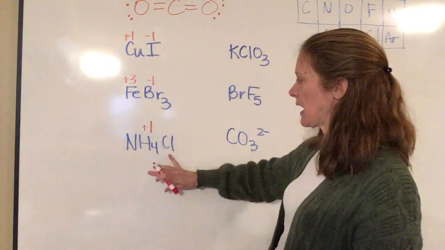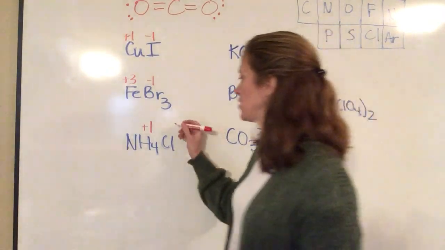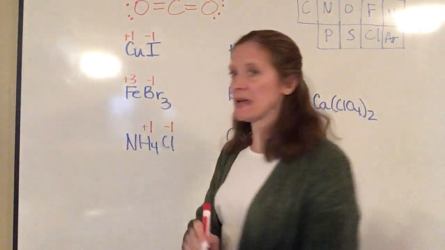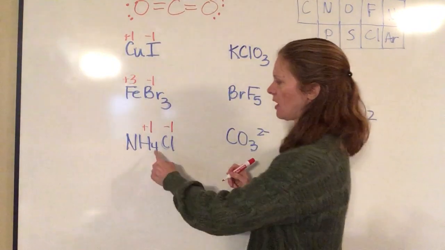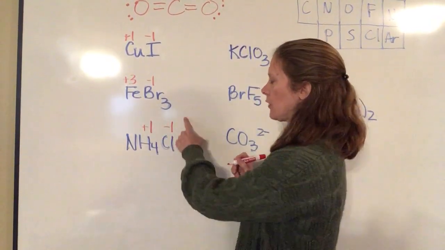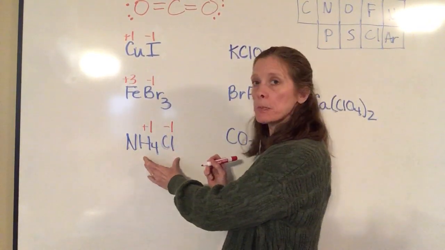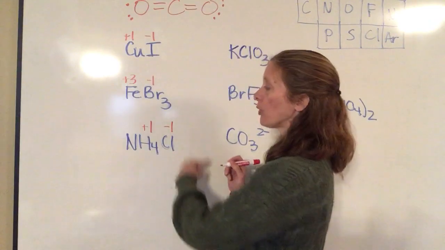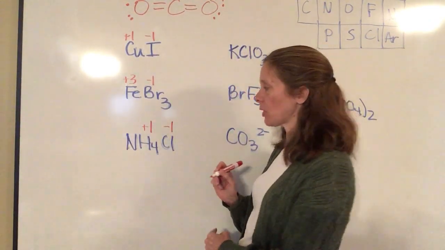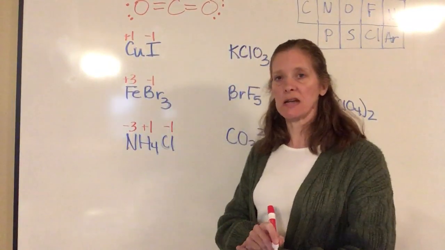And your 7A elements normally have a -1 oxidation state. So this will be a -1 here. So what have I got? I have 4 positive ones, which gives me a +4. The chlorine's a -1. When I add that together, that's a total of +3. The whole thing has to add up to 0, so that means my nitrogen is going to have an oxidation state of -3.